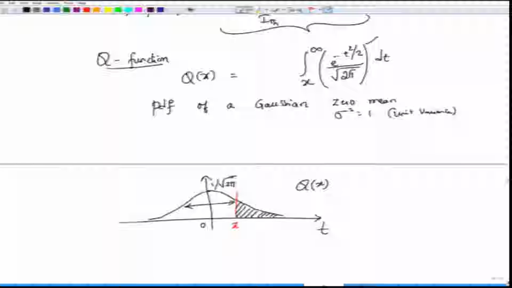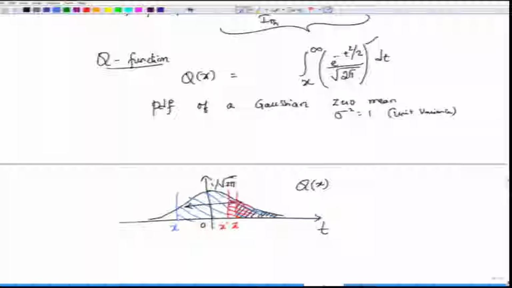So, in fact, the Q function is defined by drawing these lines and then evaluating the area. For example, you might try a different x prime value and then find the area under this curve. If you are feeling adventurous, you can try this value of x. This time x would be negative, but this would be the area under the curve that you are looking at.